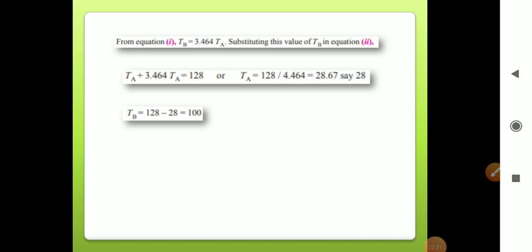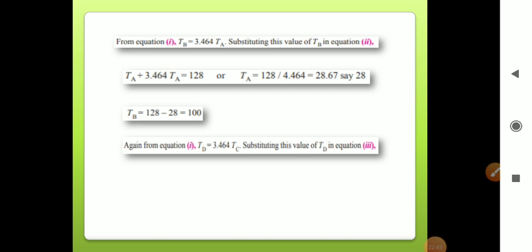Put this value in equation number 2 or 1. So we directly get TB is equal to 128 minus 28 is equal to 100, which means TA is equal to 28 and TB is equal to 100. Similarly, again from equation 1 we get TD is equal to 3.464 into TC, substituting this value of TD in equation number 3.